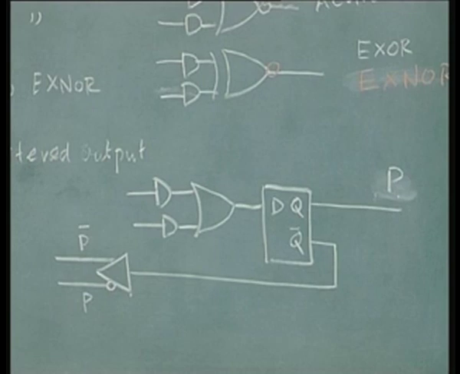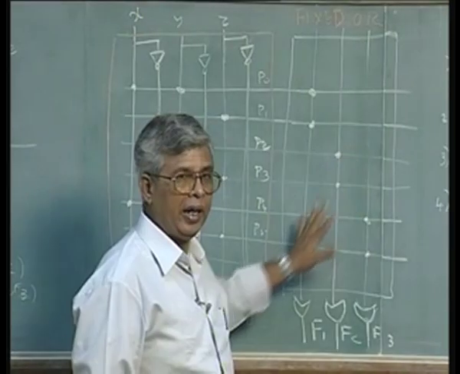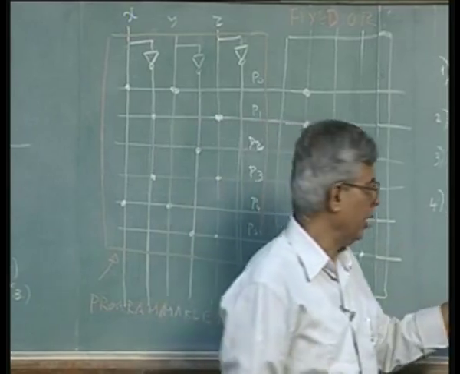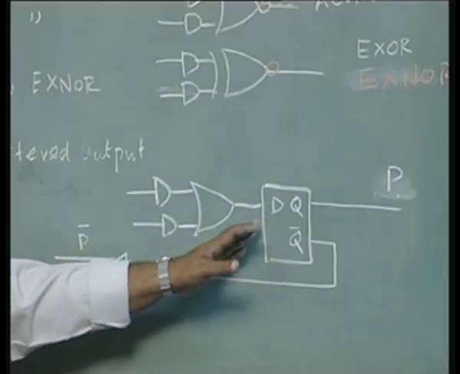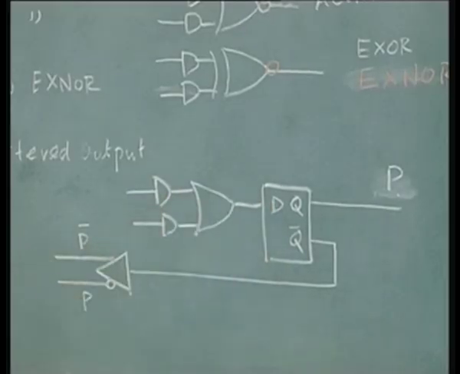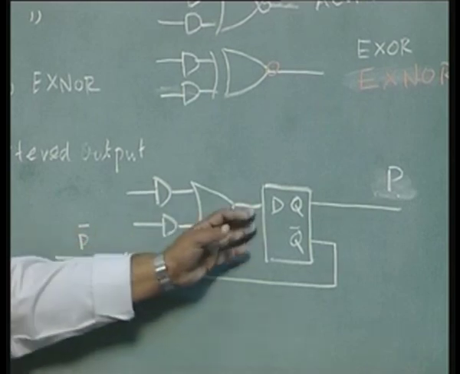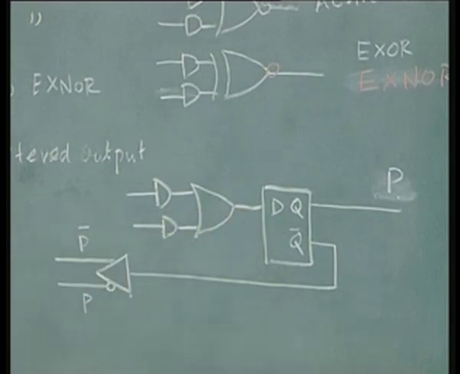Combinational logic will be taken care of by the array of the AND and OR. Sequential part will be taken care of by the registers which are available. So, in a single chip or device, I can produce a whole system instead of having to separately connect the combination logic to flip flops.